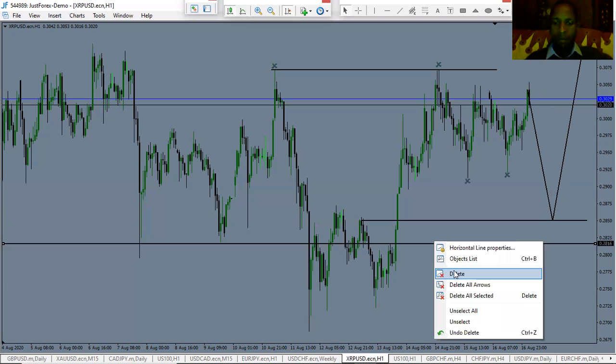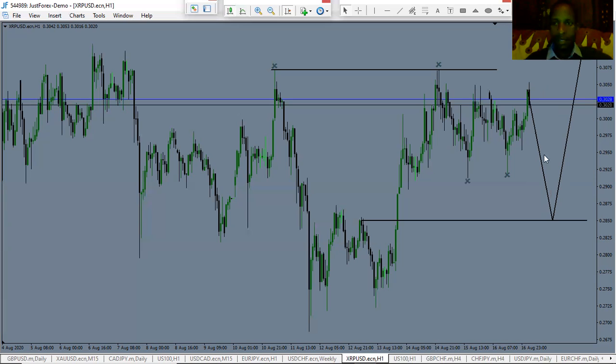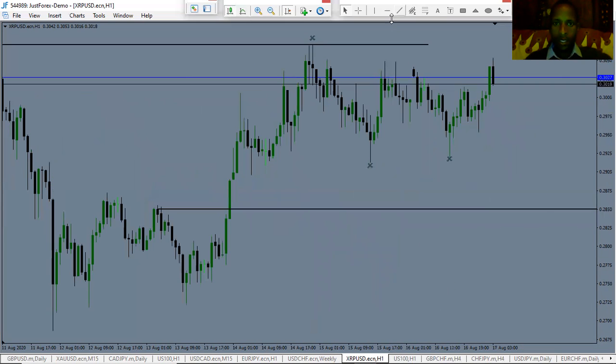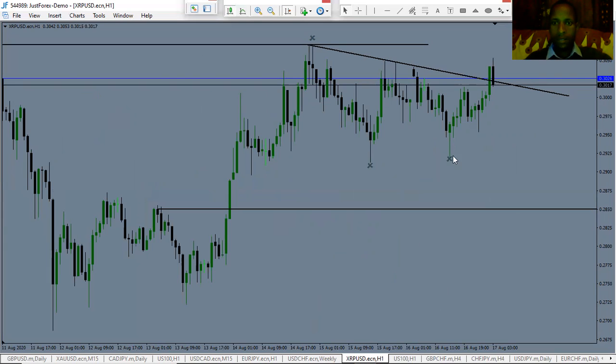But then there are a lot of things which are happening here on XRP, which you need to look at. You can see at this point, we had a breakout, guys. We had a breakout. And if you check, this structure was not broken by this structure.